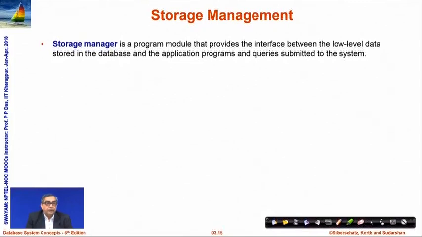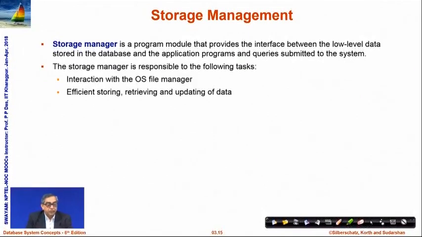We have looked at how the storage manager is a bridge between the physical level of abstraction and the logical level of abstraction, and then finally the view level of abstraction. So, the storage manager has to deal with interactions with the operating system on which the DBMS is kept. The file manager of the operating system is responsible for efficient storage, retrieval, and update of the data.